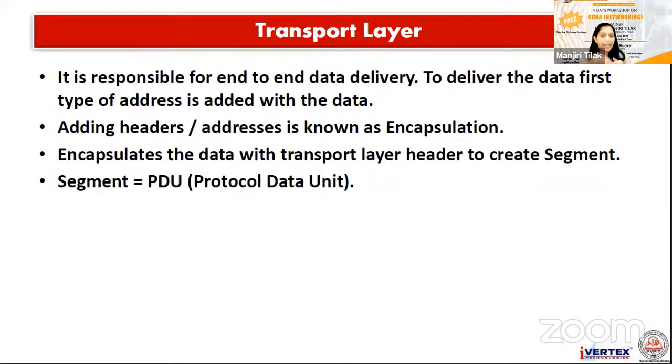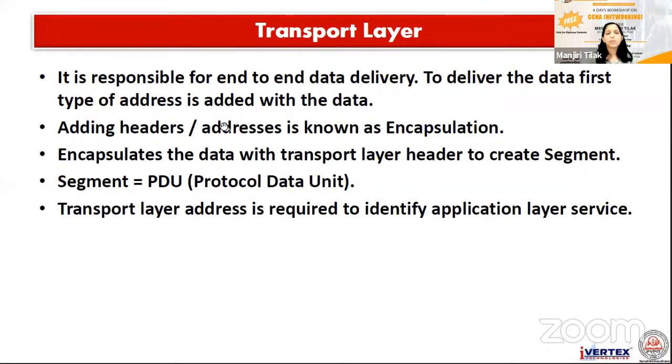So at each layer of the OSI reference model, data is referred to as a PDU. So what is the PDU at the transport layer? Data at the transport layer is known as a segment, right? So whenever anybody says segment, it means that the data has a transport layer header inside it. Is that clear?